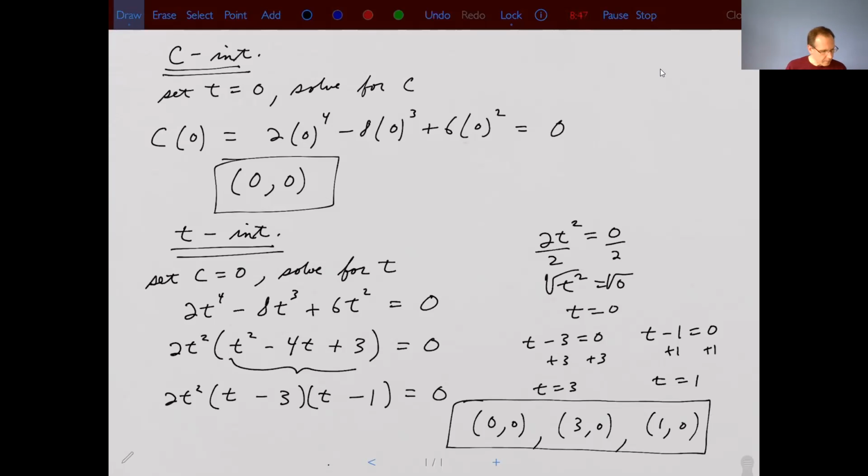Okay, here's another example. Slightly different. It's to remind you guys of long-run behavior. So that was short-run behavior. It's basically the intercepts.